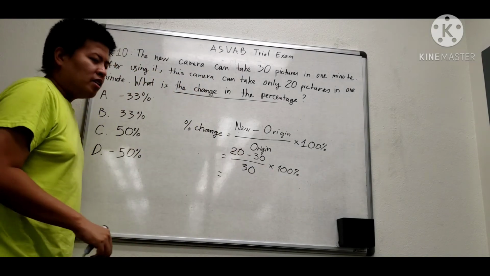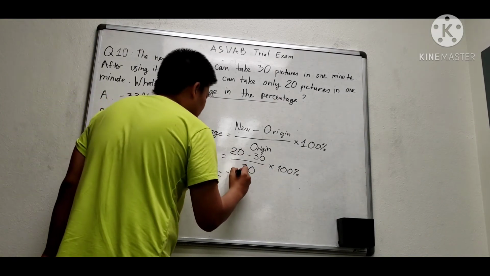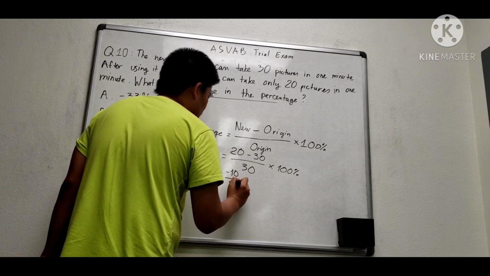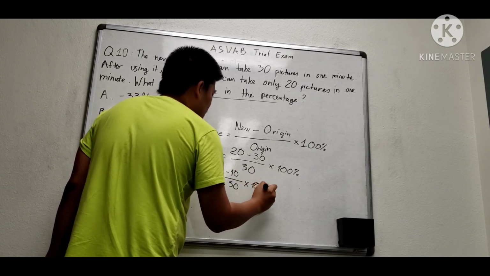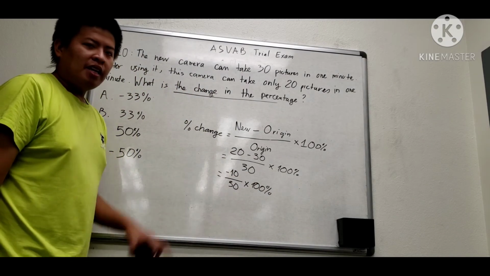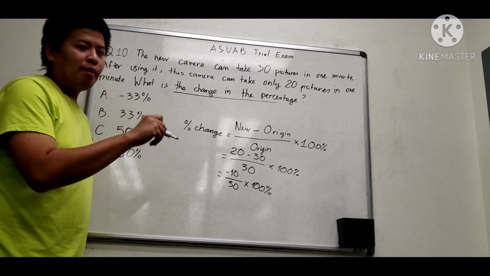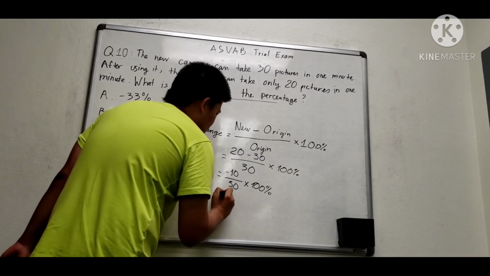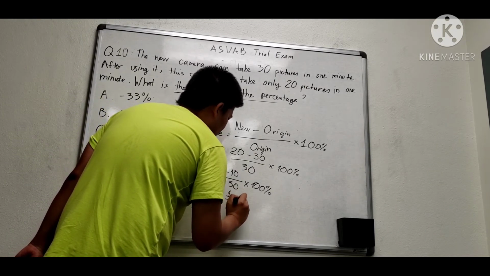20 minus 30 is minus 10. We have 10 and 10, so you simplify by dividing by 10. You get minus 1/3.